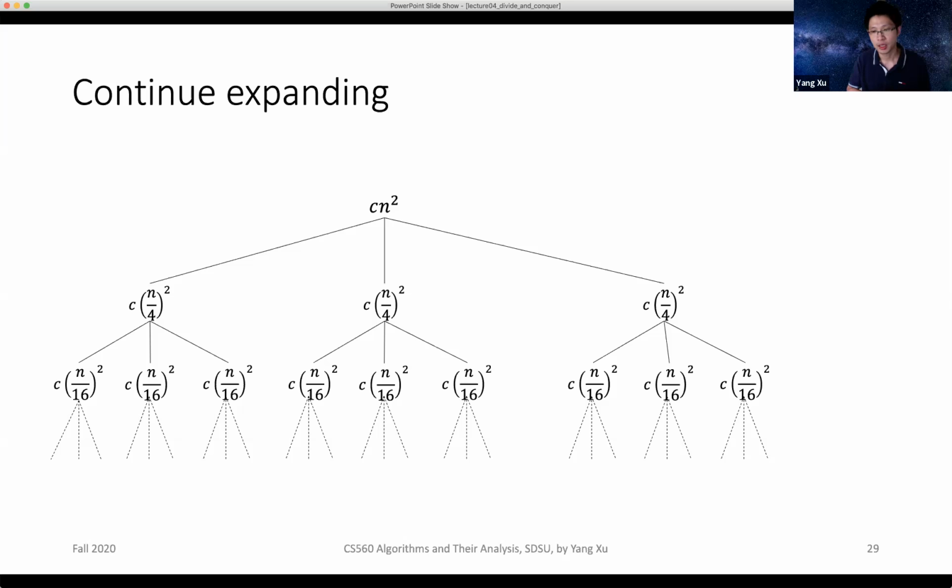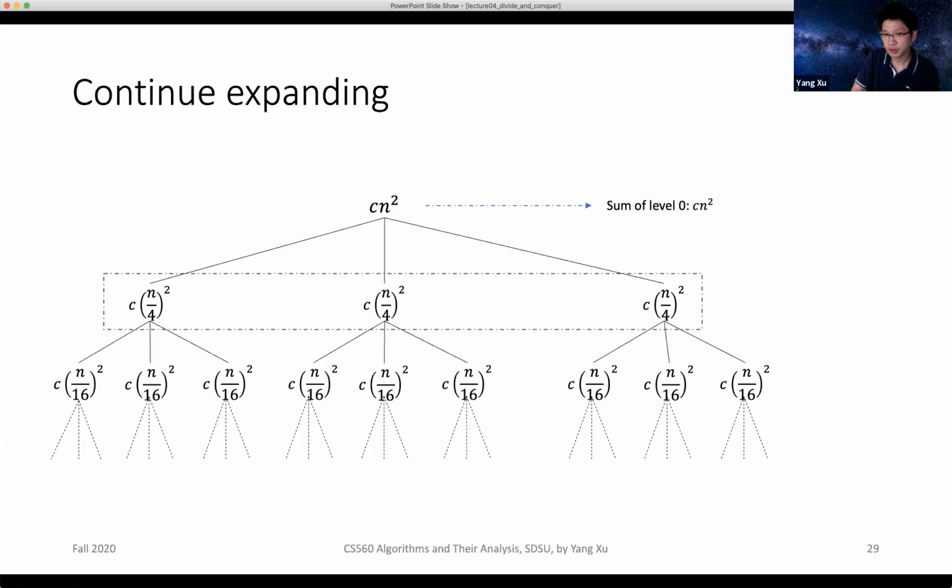Before we reach that part, let's first look at the properties of the resulting tree. The principle is to look at the per level summation for the tree. If this is level 0, the summation is c times n squared. If we look at the second level in the dashed blue rectangle here, we call it level 1. We have 3 such nodes, and each node is c times (n/4) squared.